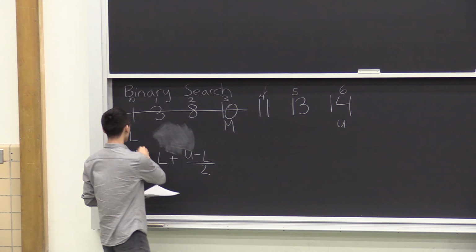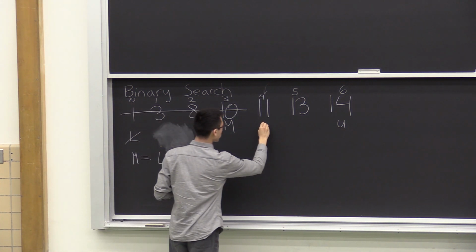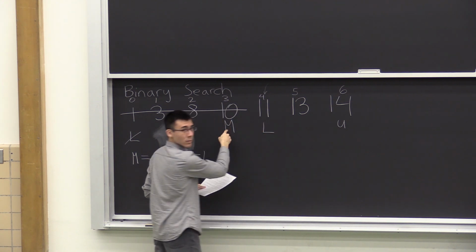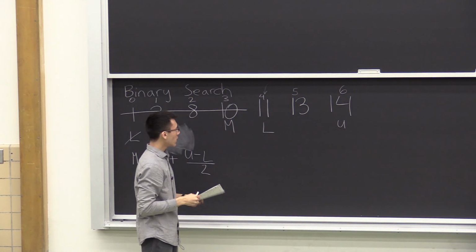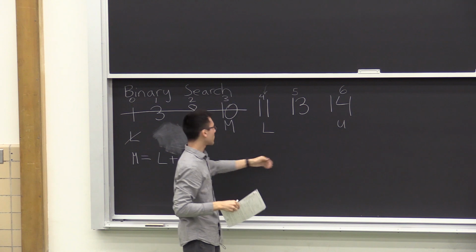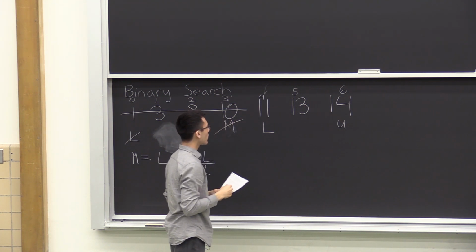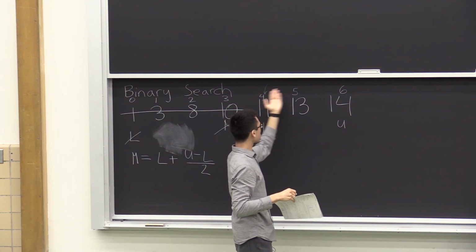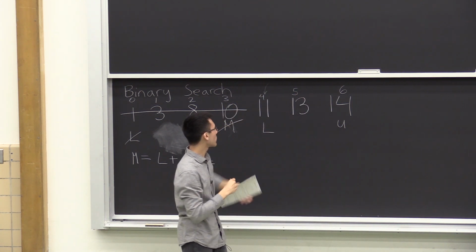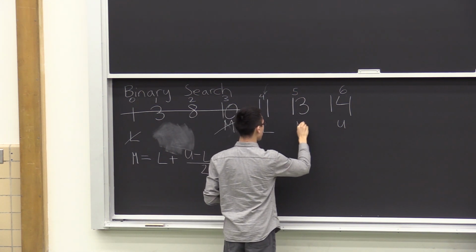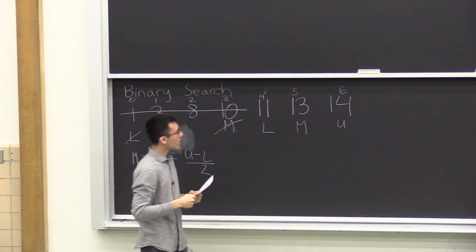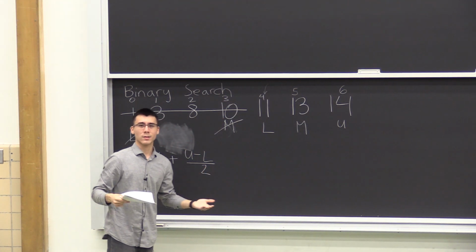We set L now equal to m plus 1, and then we just recompute m. This now becomes 4 plus 6, 10 divided by 2 is 5. This now becomes our new m. And then you just repeat the process.